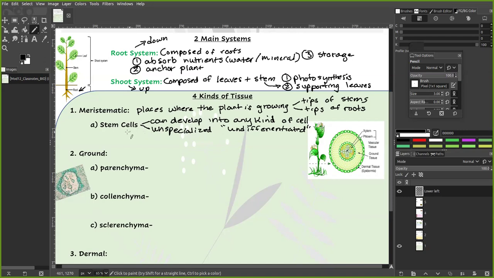Okay, this becomes what the cell needs. And that can be leaves or roots, etc.